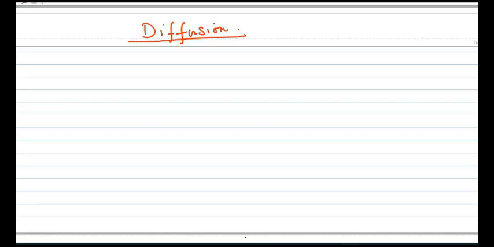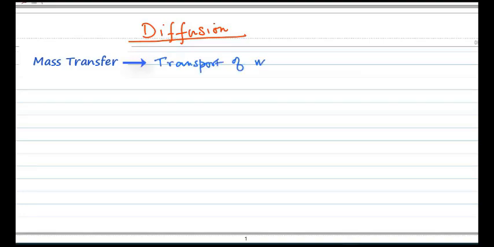So diffusion is basically transport of matter. When matter has to move in a substance, it occurs through a process which is known as diffusion. So this is essentially mass transfer. And whenever there is a movement of matter, it is always from higher to lower concentration.